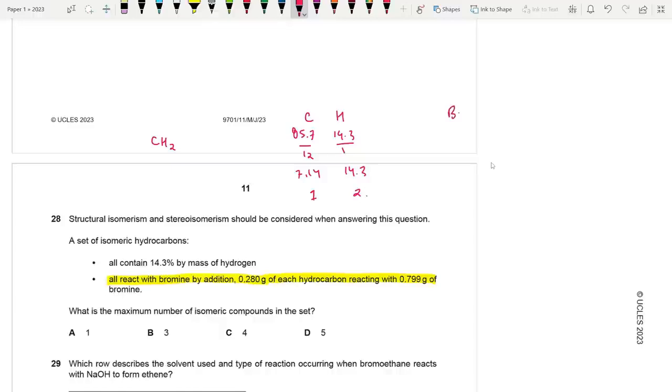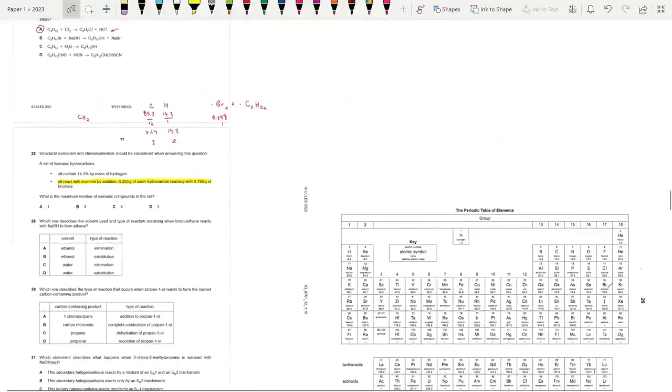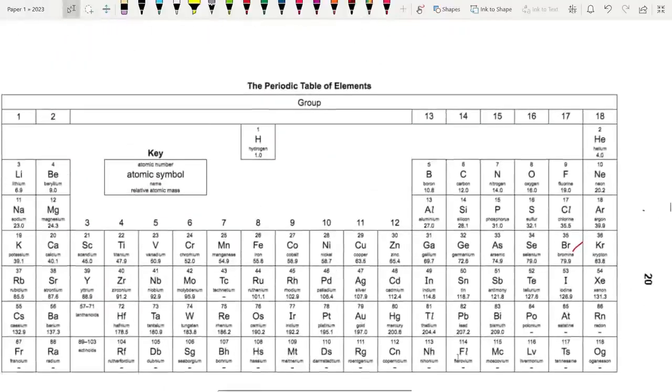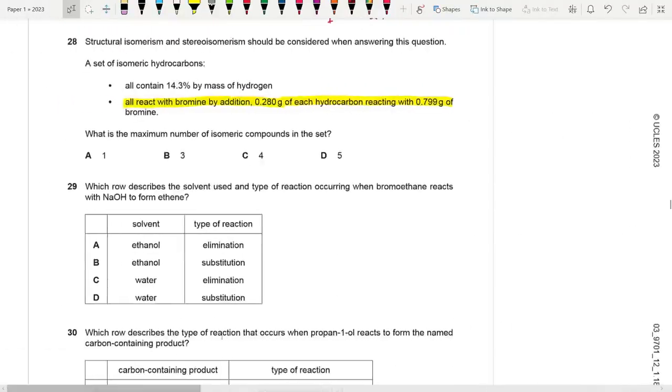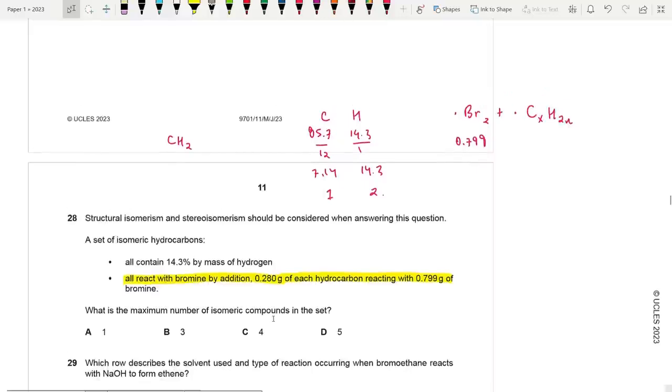So it's basically going to be like this: bromine plus CxH2x will give us the product, and we know that their molar ratio is 1:1. So what's the mass of bromine? It's 0.799 g, and the Ar of bromine is 79.9 for each atom. So what's the Mr of bromine? It's 79.9 times 2, which is 159.8.